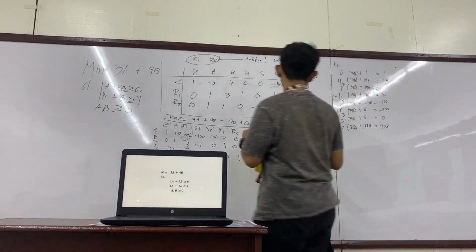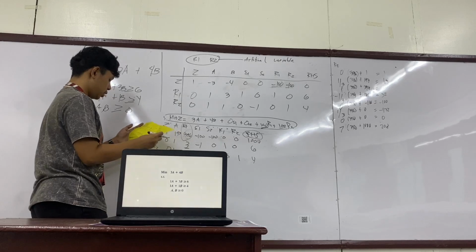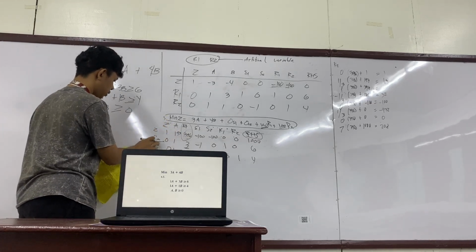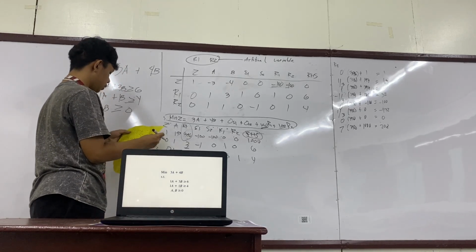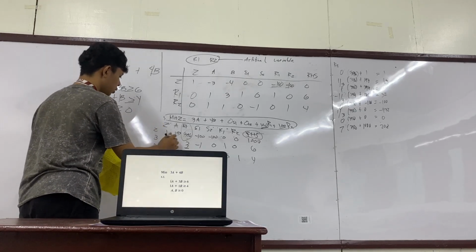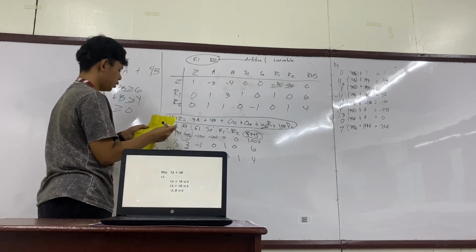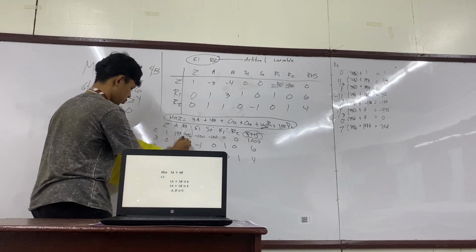Okay, let's build a new table. So this is now a B. Okay. So Z and D. So the B here is 0, then 1/3. Then 1.